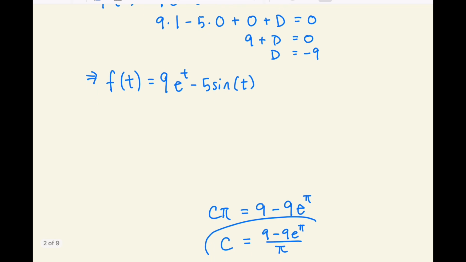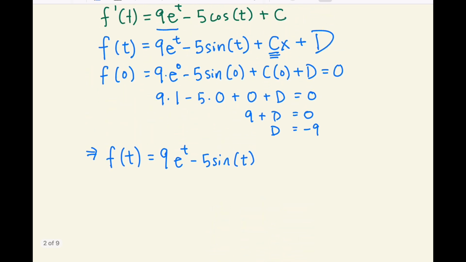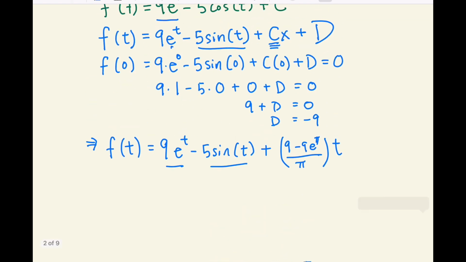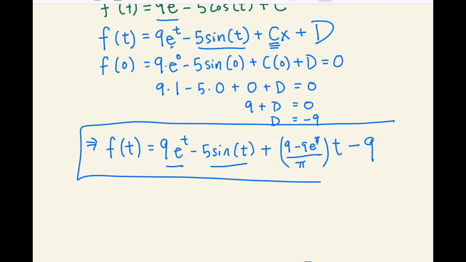Going back to the original function, we have 9e to the t minus 5 sine t plus c, which was found to be 9 minus 9e to the pi over pi. This whole quantity will be multiplied by t. And then d was negative 9, so minus 9. And then this is my final answer. And what you can do is make sure to check everything checks out. I'm going to leave the check up to you guys.